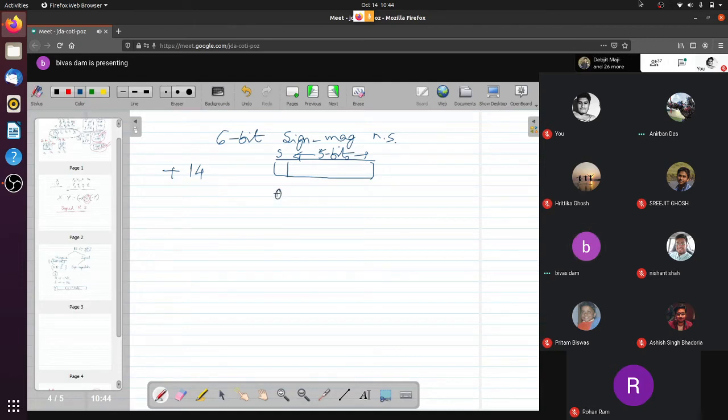Fine. And then I have to represent the magnitude of this plus 14, which is 14 itself, using a 5-bit combination. So, using a 5-bit combination, what is the representation of 14? 0 1 1 1 0. Very good. So that's the sign magnitude representation of plus 14.